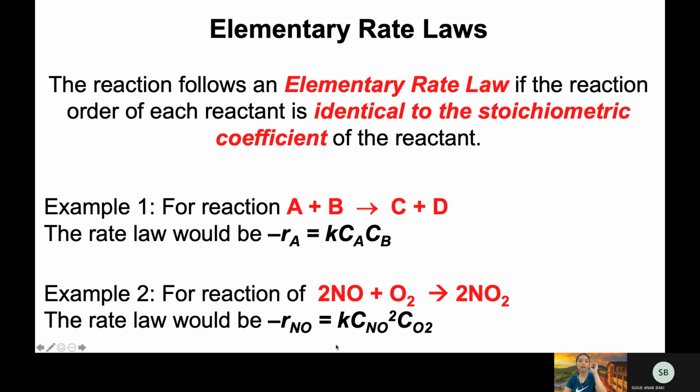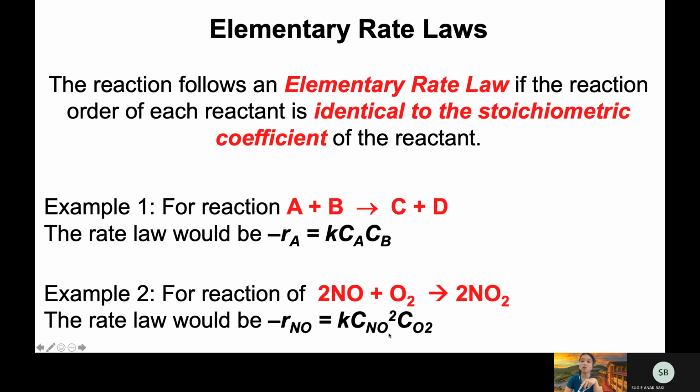Alright, then you look for the two reactant. So the two reactant is NO and O2. So the power or the reaction order follows the stoichiometric coefficient, means it is second order with respect to nitrous oxide and first order with respect to oxygen gas. So it become K. CNO power of 2.